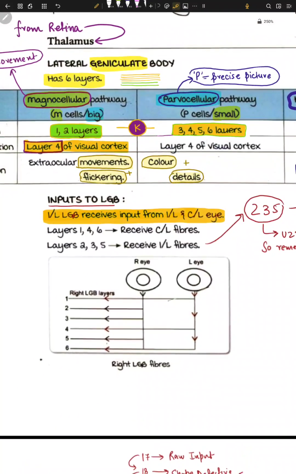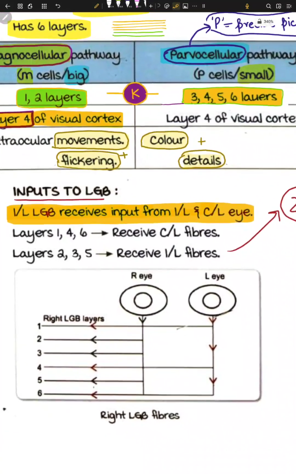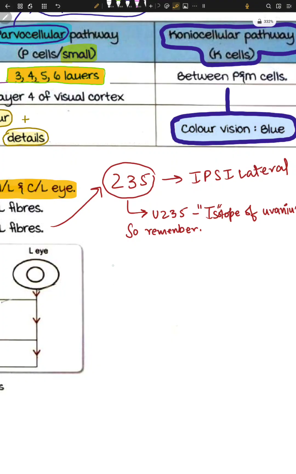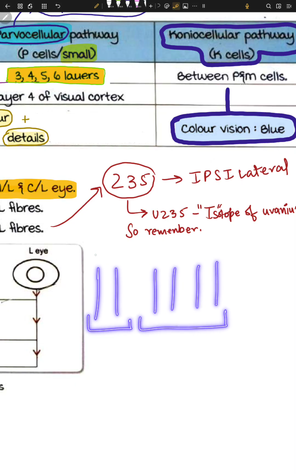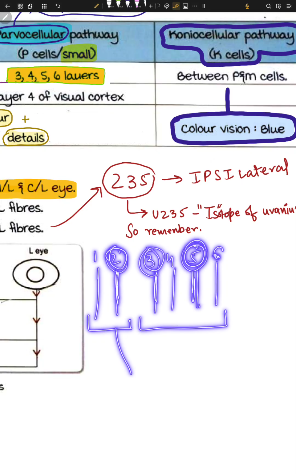So which layer receives which fiber? It's a great question. And to remember this, so there are 6 layers, right?